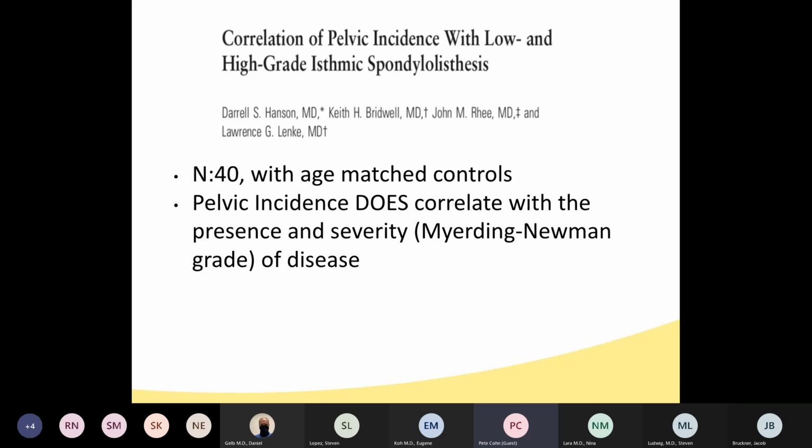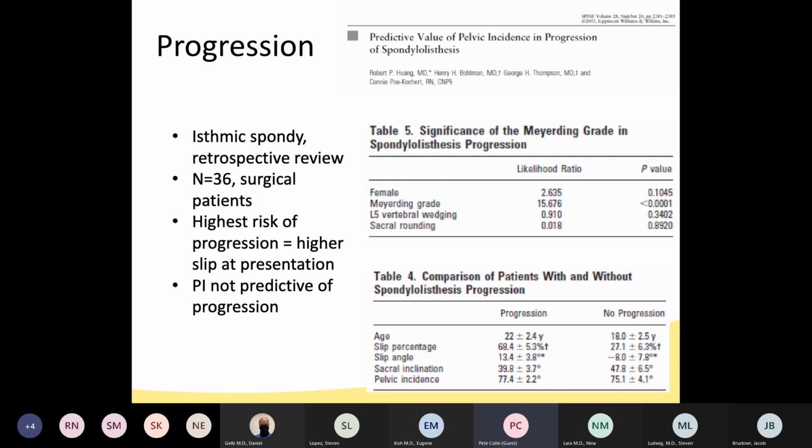However, in terms of progression of spondylolisthesis, pelvic incidence did not predict progression. And the best predictor of progression of a spondylolisthesis, at least in this study of 36 patients, was found to be the degree of the initial slip. So if the slip was worse when it was first found, those slips had a higher rate of continuing to slip.